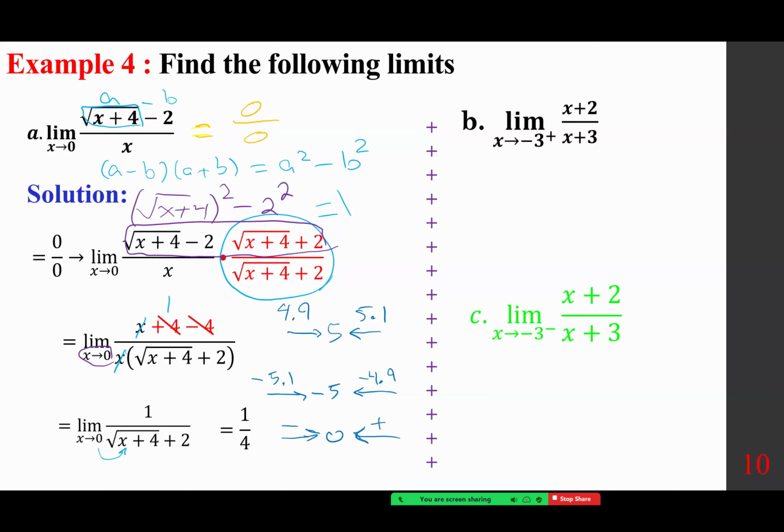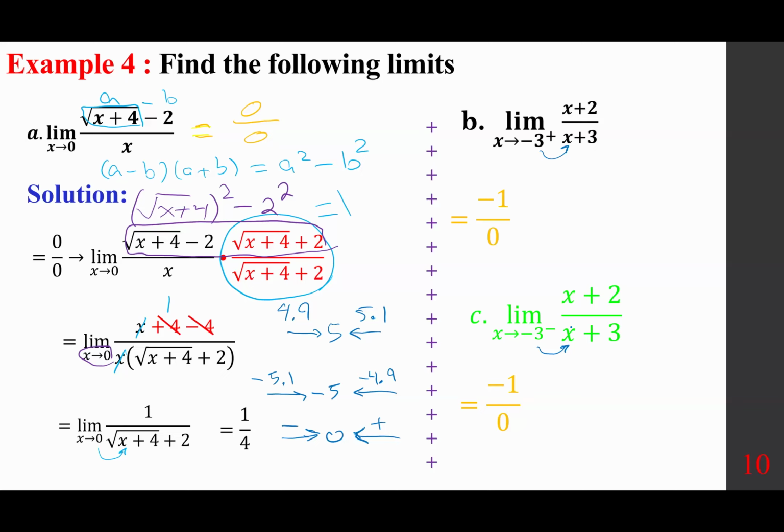Now, if you plug in negative 3, the first one becomes negative 1 over 0, the second one becomes negative 1 over 0. But we are not dealing with negative 3. The top one is negative 3 from the right.